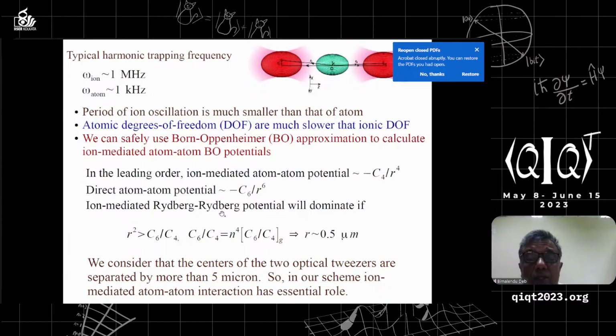So then, we can couple the two atoms, or correlate the two atoms, at a separation of the order of 5 micron, 10 micron, using this ion-mediated interaction.